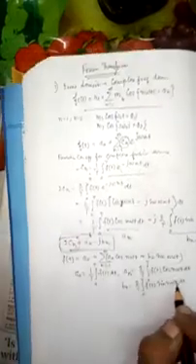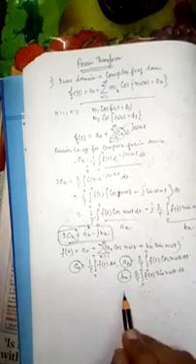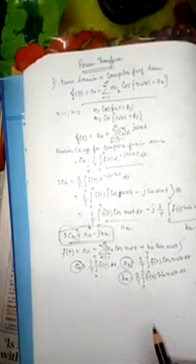Here you get the three coefficients a0, an, bn. Here you get the coefficient Cn. So these are the coefficients of the Fourier series.